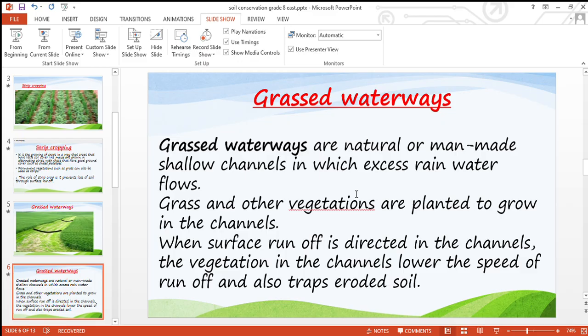Grass and other vegetation are planted to grow in the channel. When surface runoff is directed in the channel, the vegetation in the channel lowers the speed of runoff and also traps eroded soil. Good. Very good, Cheupe.